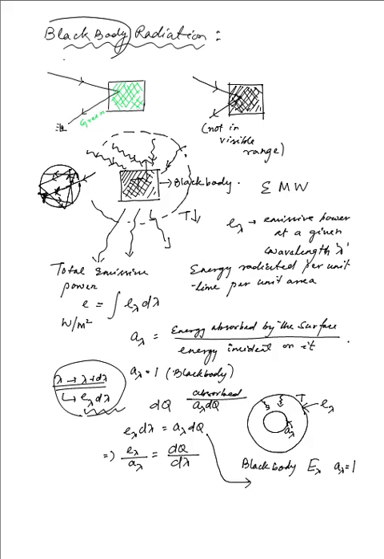If the black body was placed inside another black body, then we would have had E lambda d lambda is equal to 1 times dq, 1 being the absorptive power over here. So dq divided by d lambda will be equal to simply E lambda, that is the emissive power of the black body.